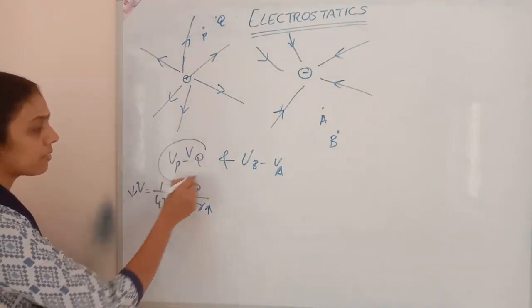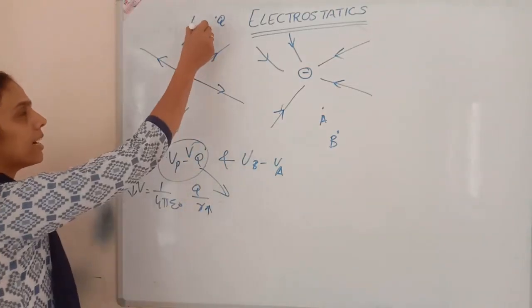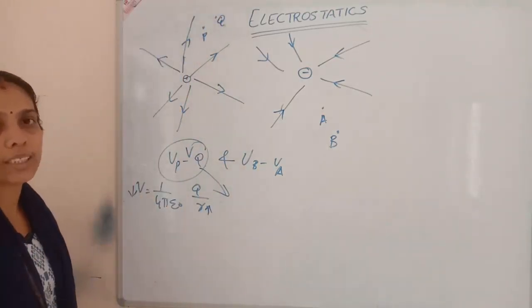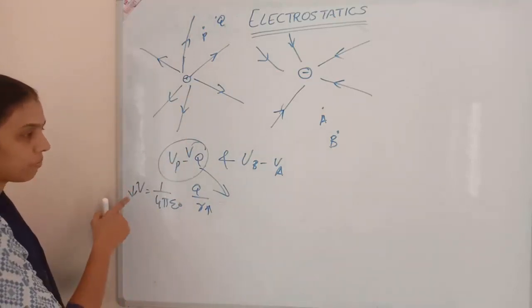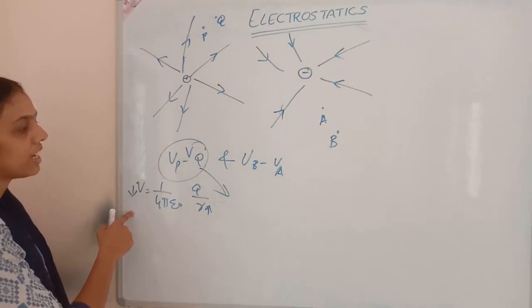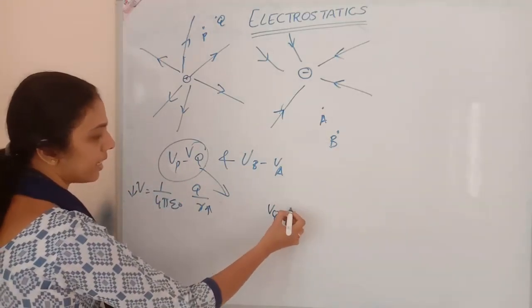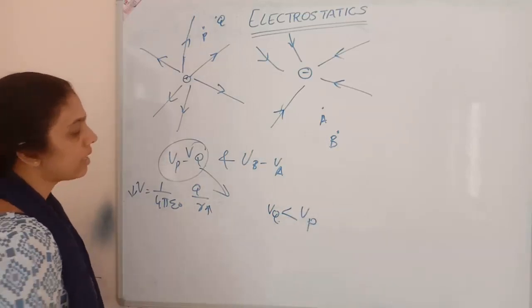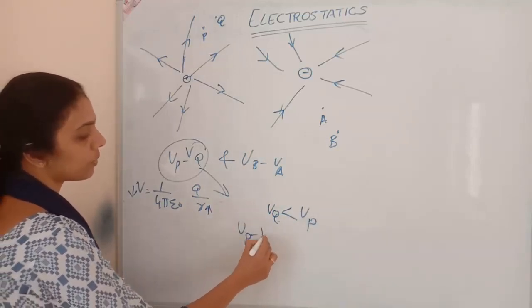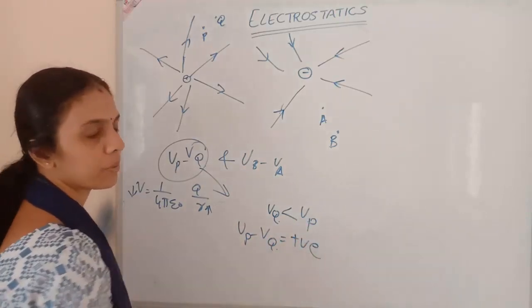So first I am considering Vp minus Vq. P is here and Q is here, which has a larger distance R. If R is more, V will be less. So V at Q is less than V at P. So Vp minus Vq is positive, since Vp is greater.